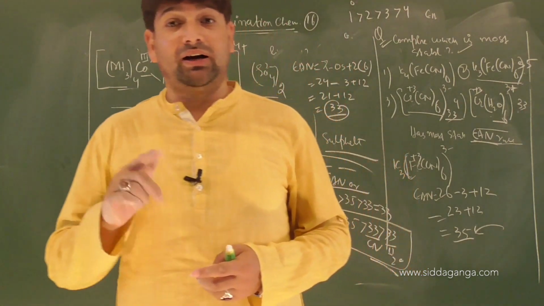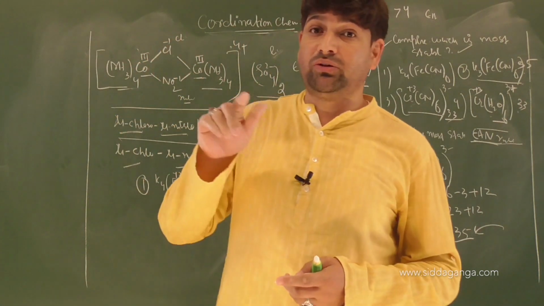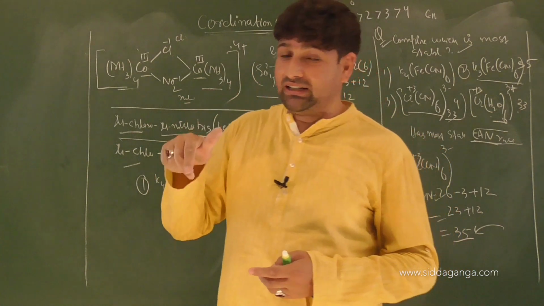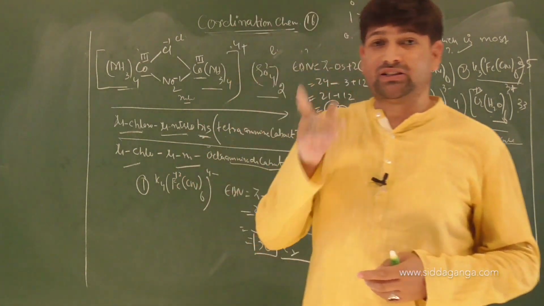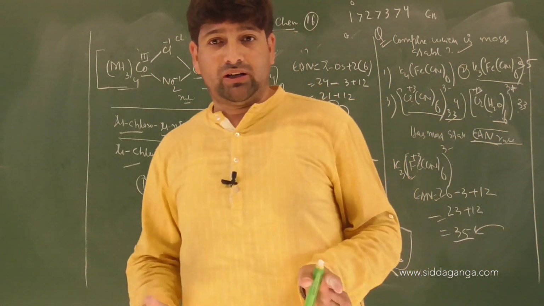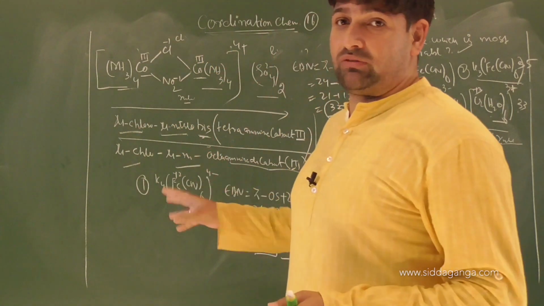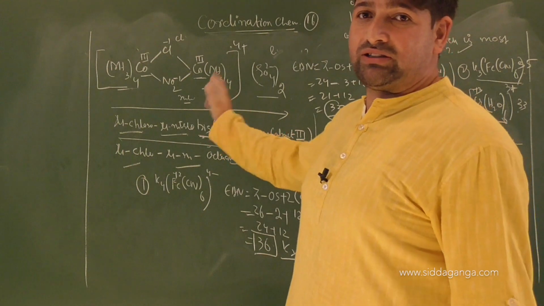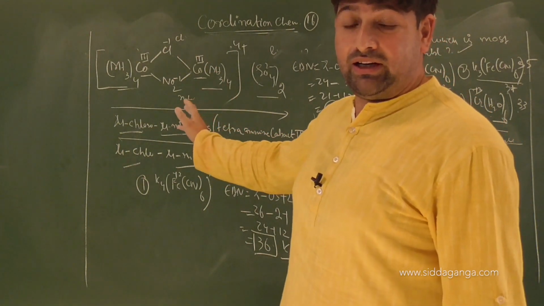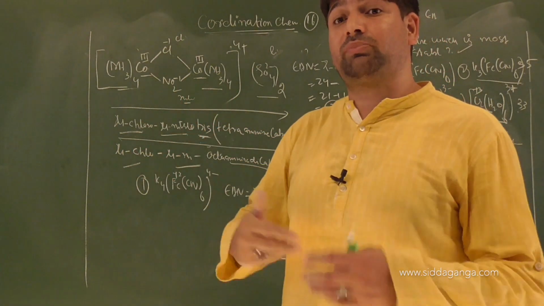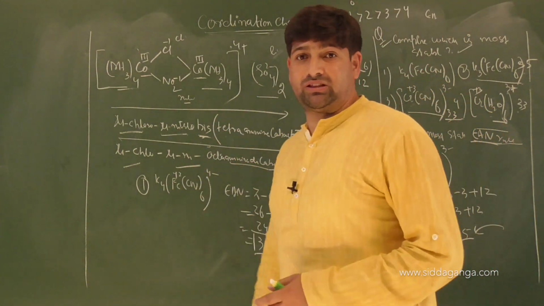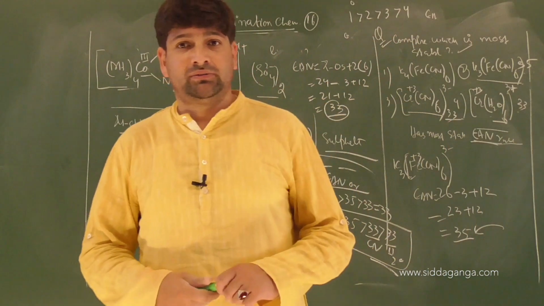Given to you is the crystal field splitting energy delta 0, and you have to calculate CFSE, crystal field stabilization energy. Formulas are known, applications we need to learn. We'll solve more and more typical problems. Let it be 5 to 6 or 7 or 8 problems in 1 hour. It will be enough for you to make your pace much quicker, because these are to be understood at core level concepts. Clear? Yes. Thank you, children.